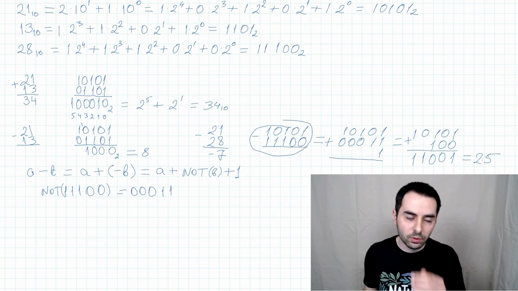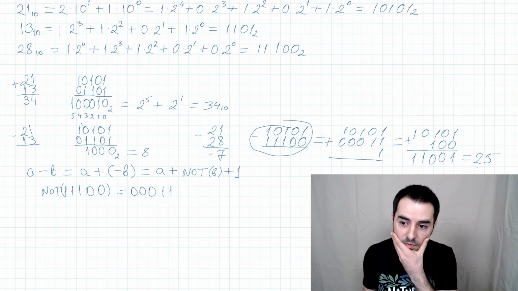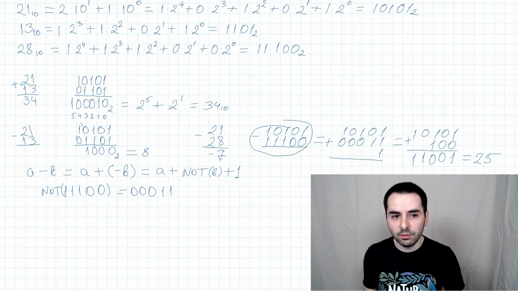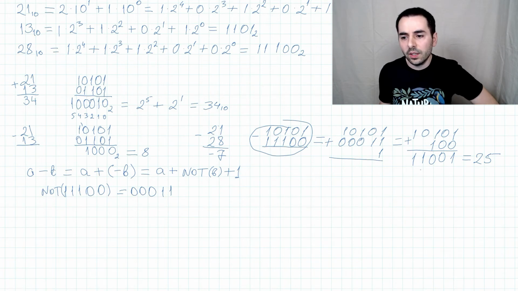So this doesn't look like the right answer, because to restore the sign, we need to do something more. So we need to negate this again. I think we need to negate this one again, and then do the same operation again, basically.